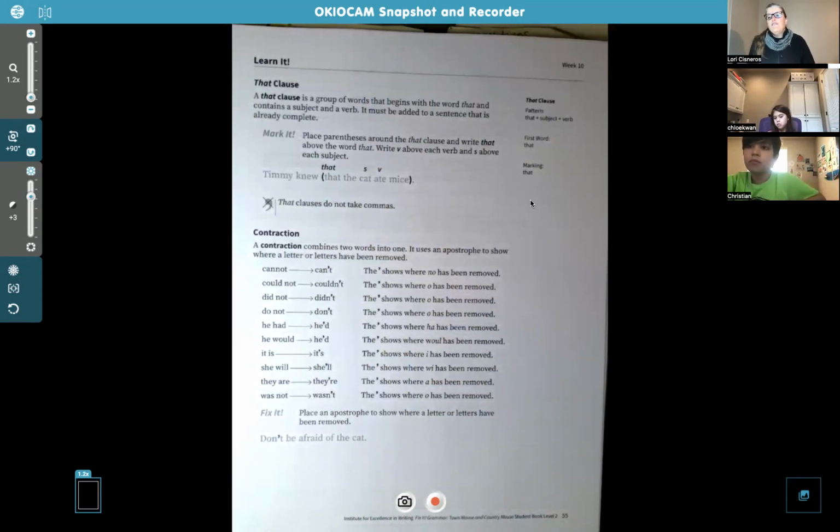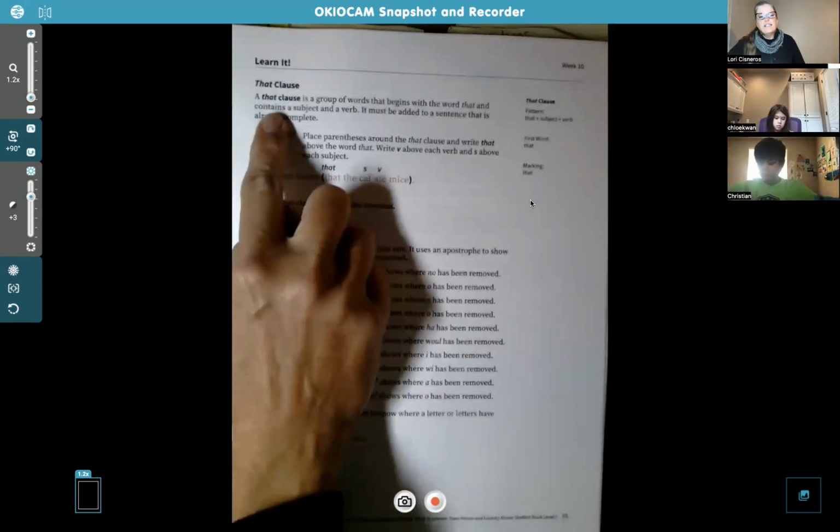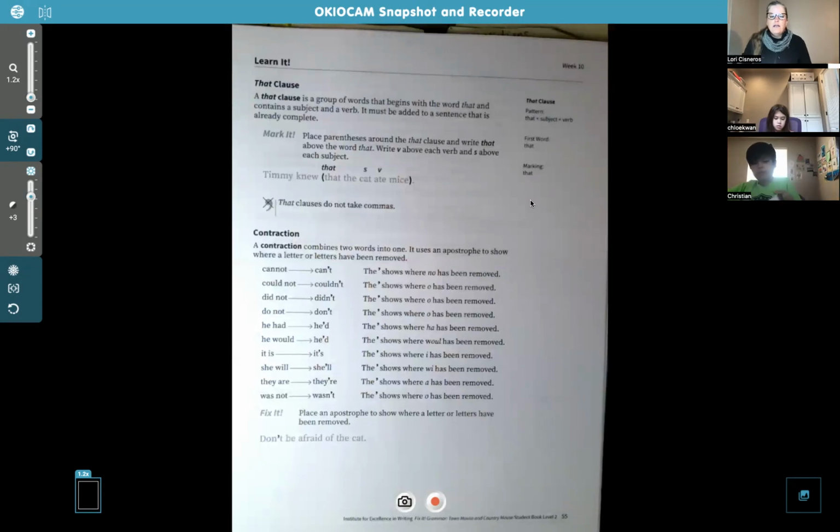Page 55, that clause. Okay, we already know about who, which clause. This one's a little bit different. It starts with the word that. It's pretty easy to find because it starts with that every time. It does have a subject-verb pair within the clause because remember, clauses have verbs and phrases do not.